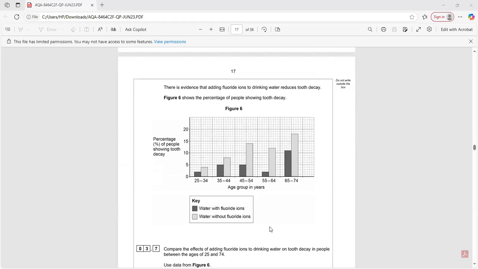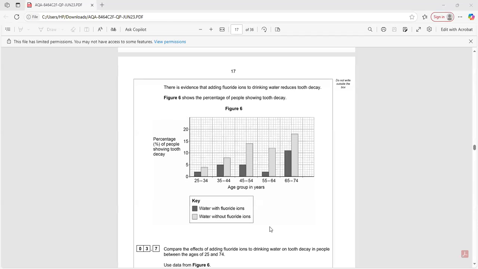Okay, so the next one is that there is evidence that adding fluoride ions to drinking water reduces tooth decay. We find fluoride in toothpaste too. It says figure 6 shows the percentage of people showing tooth decay. The older citizens seem to have it higher. These ones drink water with fluoride ions, and the ones that are gray drink water without fluoride ions.